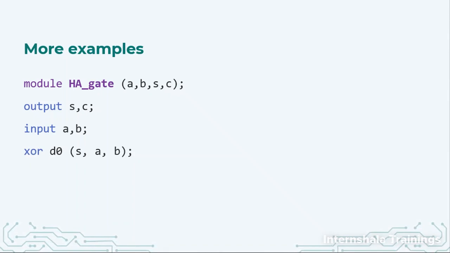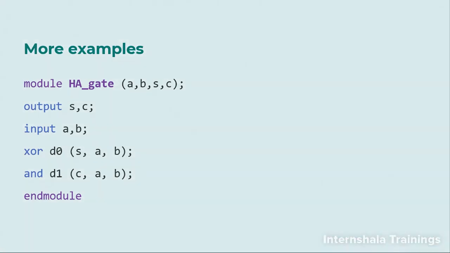XOR of A and B will go to S, and AND of A and B will go to C. A half adder can be made using only these 2 gates. How it is done, we'll discuss in future videos. And that's all for the coding, and we say end module. Here you can see that in one single line we can only use 1 gate and 1 assignment. So this is about gate level modeling.